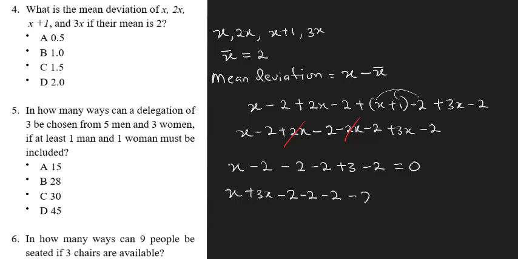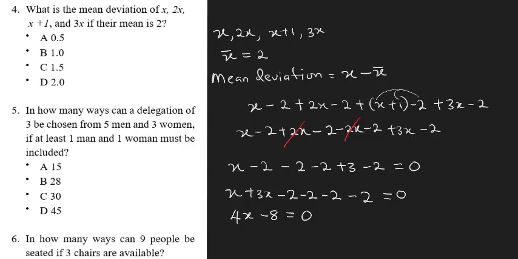We have minus 2, 4 of the 2, is equal to 0. So x plus 3x is 4x. So minus 2, minus 2, minus 2, minus 2. If you press your calculator, you're going to have minus 8 is equal to 0. If you're confused, you can use your calculator and check. Minus 2 minus 2 is minus 4, minus 2 is minus 6, then minus 2 again is minus 8.